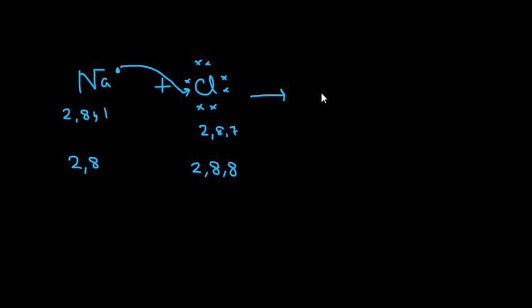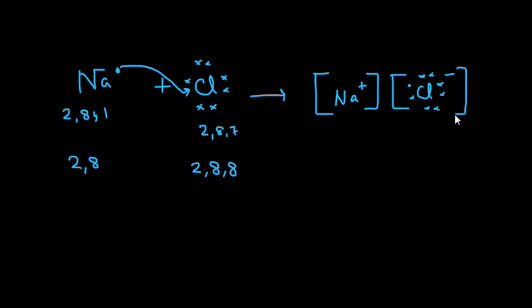So since sodium gave one electron, it forms a cation, and chlorine takes one electron, therefore it forms an anion. In this way sodium chloride is formed.